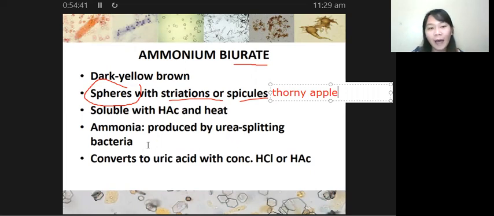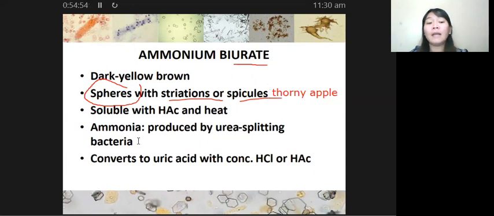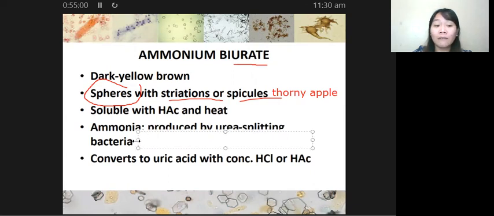And apart from that, take note that the ammonia needed in the formation of your ammonium biurate crystals is provided or produced by urea splitting bacteria. So again, ano ang classic example natin ng urea splitting bacteria? Okay, very good. So, ibig sabihin, pinanood mo na yung aking video on turbidity.